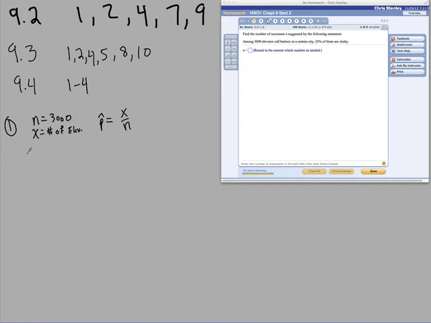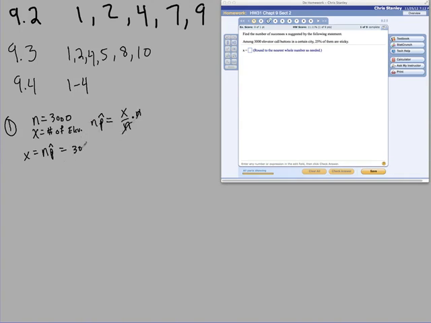Okay, so to find x, all we have to do is multiply this n times whatever this percentage is. In this case, the percentage of the elevators that are sticky is 25%. So you see, I'm just doing algebra here.